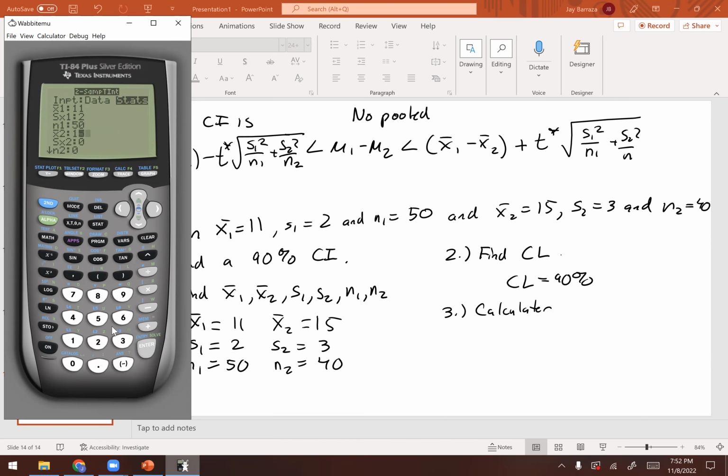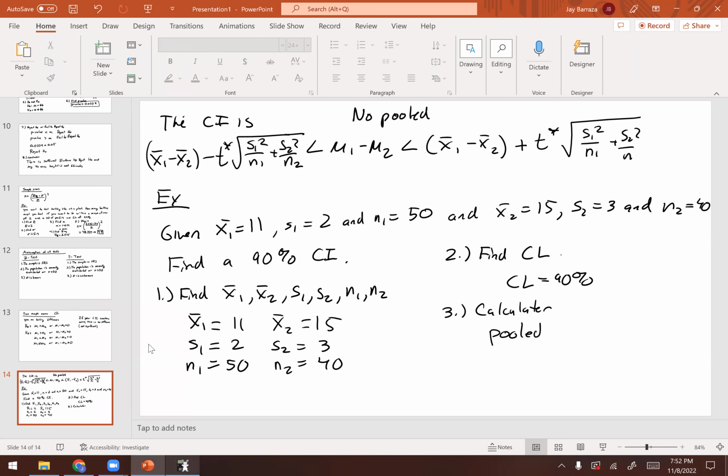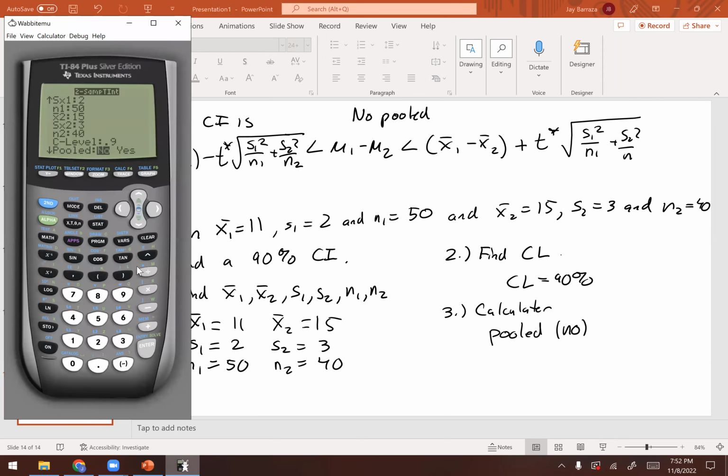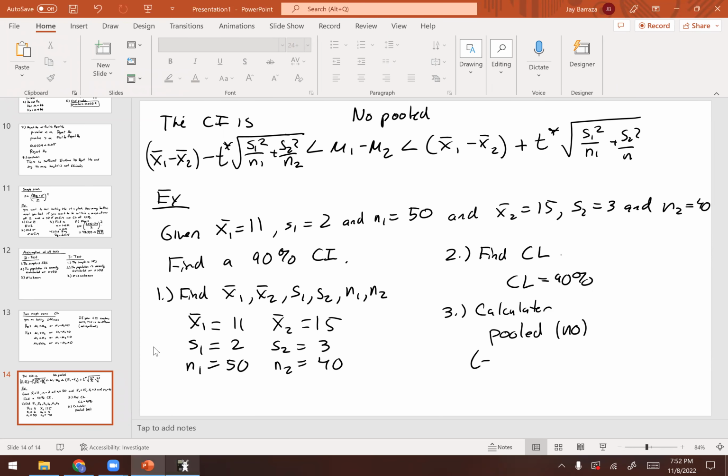X2 is 15. S2 is 3. And then N2 is 40. Remember, 90% for confidence level, and then pooled is no. Don't ever make it yes. And then keep going, calculate. There is our confidence interval.